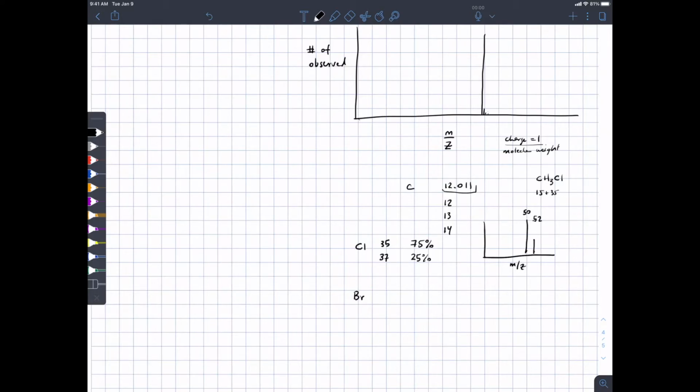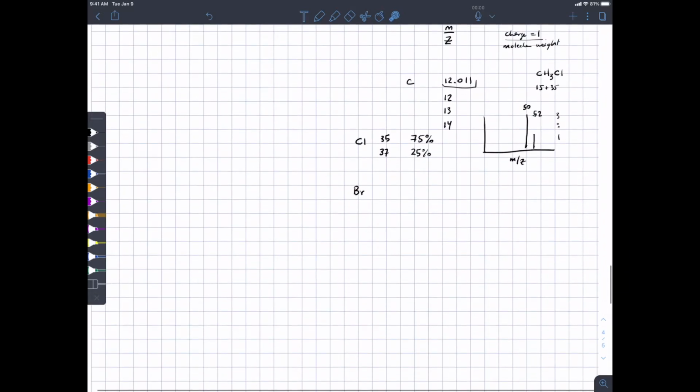And their relative intensities would be sort of 3 to 1, because 75% of the molecules of CH3Cl will have chlorine 35, and the other 25% will have chlorine 37. And so if you see a characteristic pattern of peaks in a 3 to 1 ratio, 2 mass units apart, that's a dead giveaway for a molecule that has 1 chlorine in it.